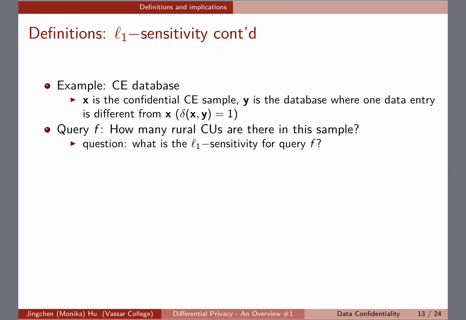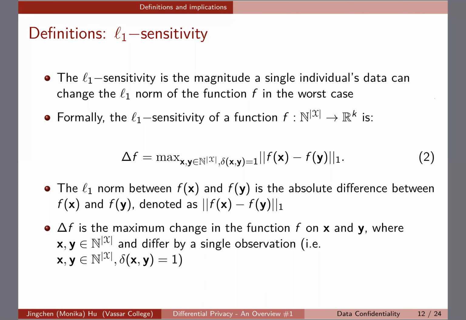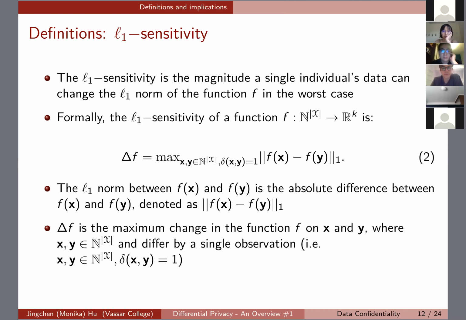My question for you all is, what is the L1 sensitivity for query f? If I come back to equation 2, you will see that the definition of L1 sensitivity is there. So let me put you into breakout rooms to have a quick discussion about what you think: if my f is count, what is my delta f?